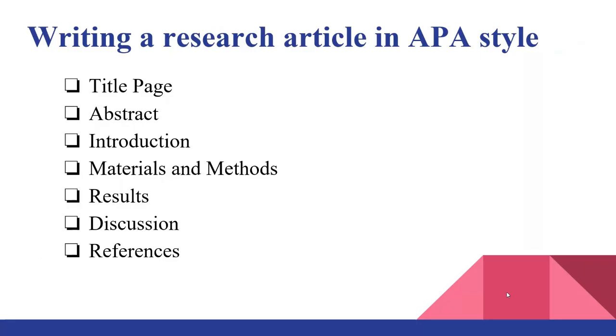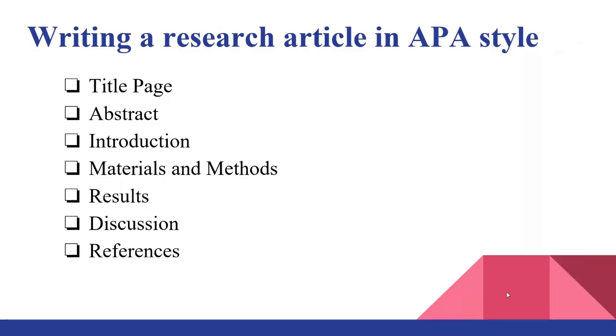Now we will see how to write a research article in APA style. APA style generally includes specific sections while writing a research paper. Those specific sections are as follows.